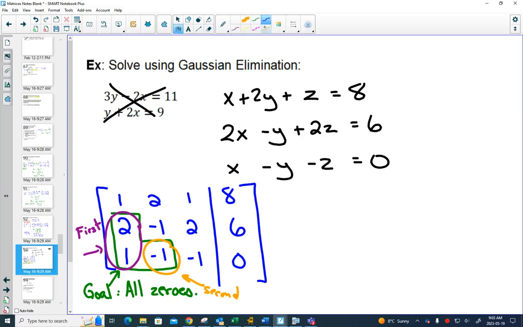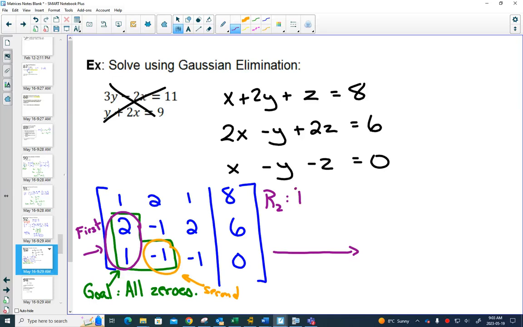So the first thing we want to do is get both of those zeros. And in row operation forms, one of the rows I want to make a 0 is row 2. Can you see that if you took row 2 and minus 2 row 1, this would be a 0?